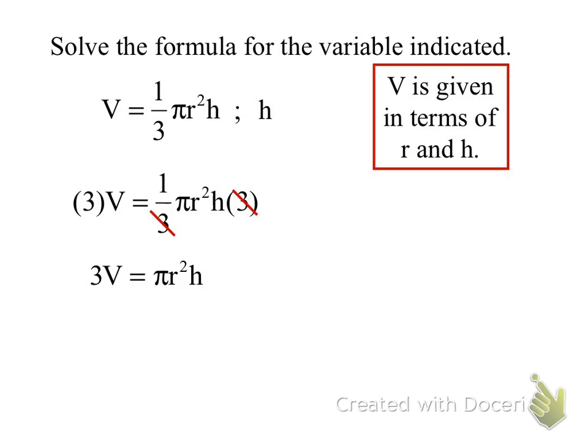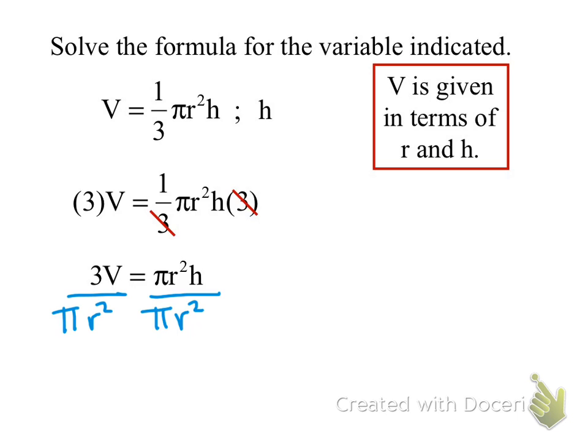So the next one is, I've got pi, I've got r squared and h. Since there's straight multiplication, I can get rid of 2 things at once. Divide by pi and also divide by r squared, on both sides.